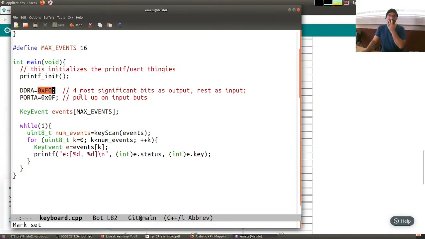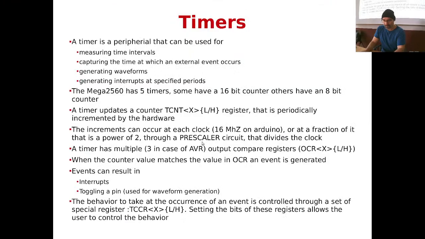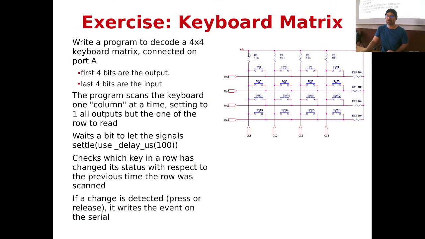Okay? So now I can configure the entire port by writing in the data direction register F in the first 4 bits and 0 in the other bits. In addition, in order to implement this circuit, I have to enable pull-up resistors on these pins over here, right?